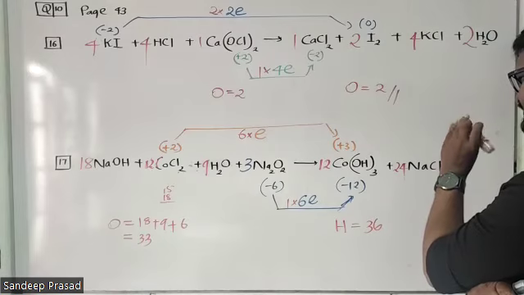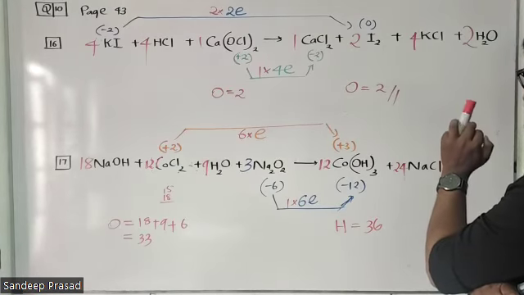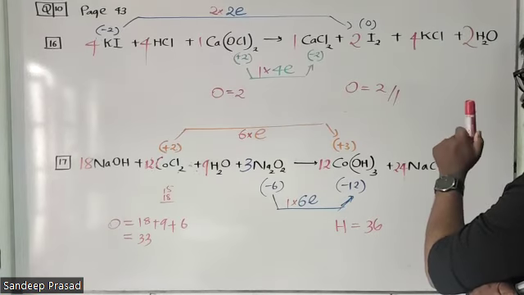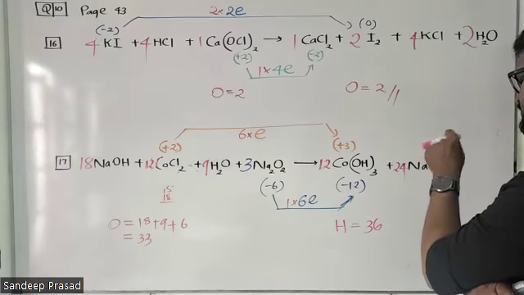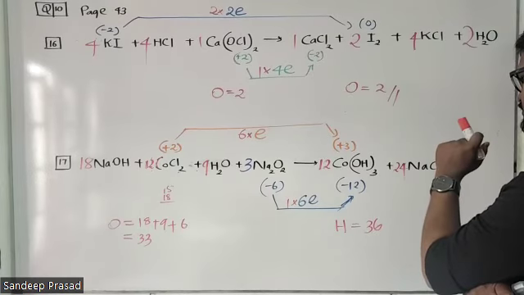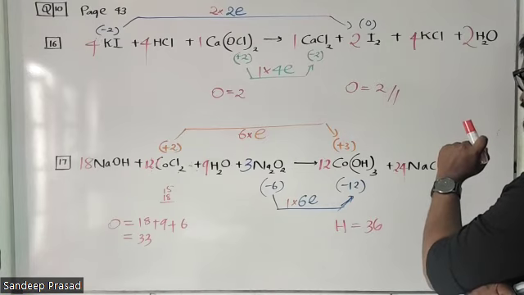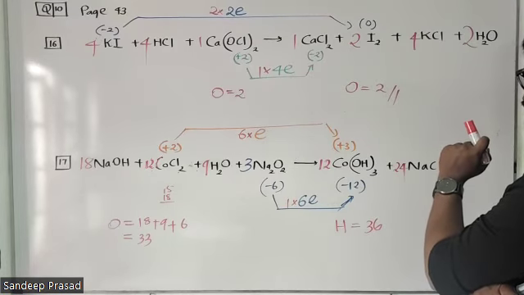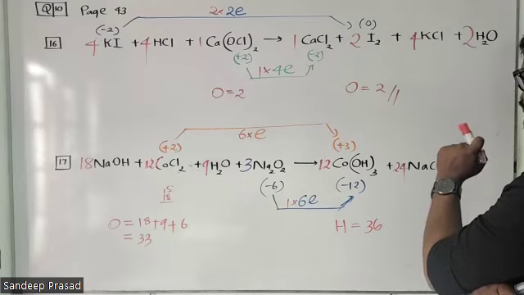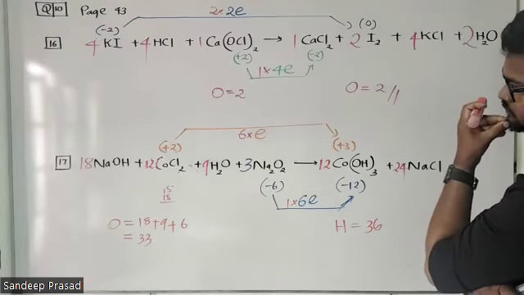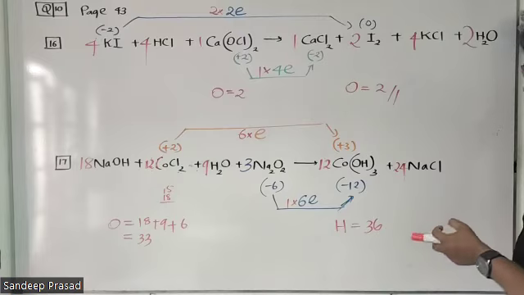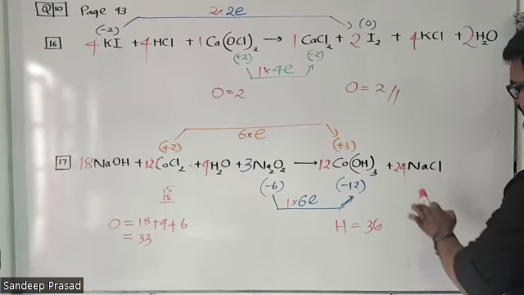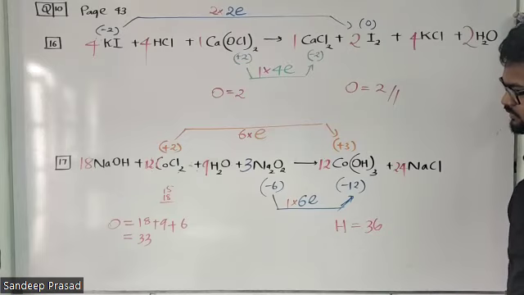What is the mistake that we did? +2 to +3. Increment 1. Sodium 6. It's -2, 6. 24 chlorine atoms means here we have to put 24 sodium.